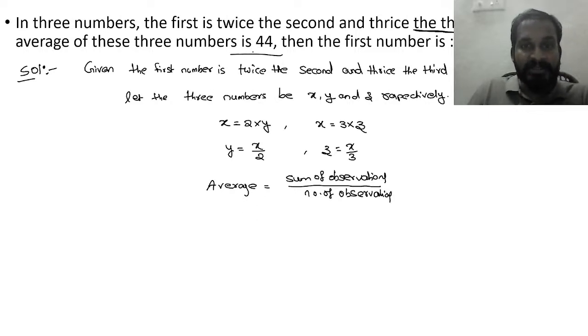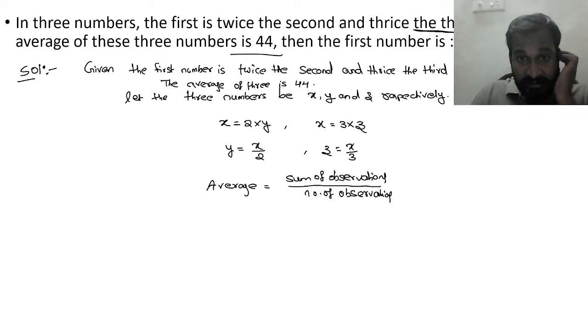And the given average is 44, right? Sorry students, I forgot to write that. You write that one: the average of the 3 numbers is 44. That is also given in the question itself. So please write that down also. Don't forget to write that.